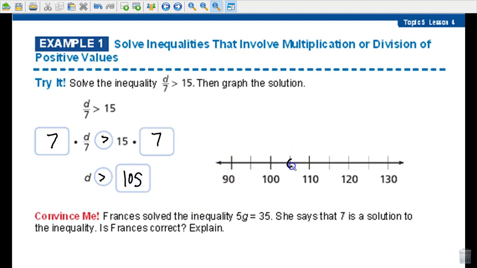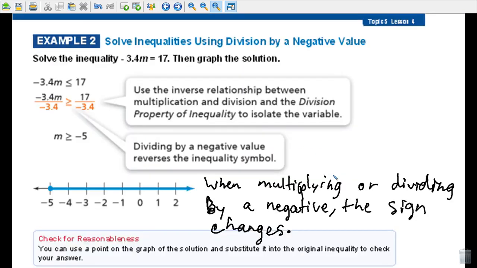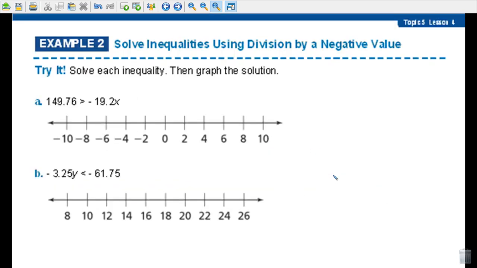So open on 105, and then the arrow goes to the right. Okay? You guys can work this out. Pause it so you guys can work it out.